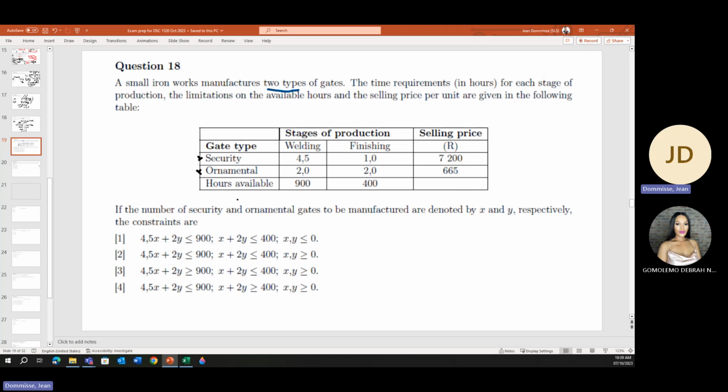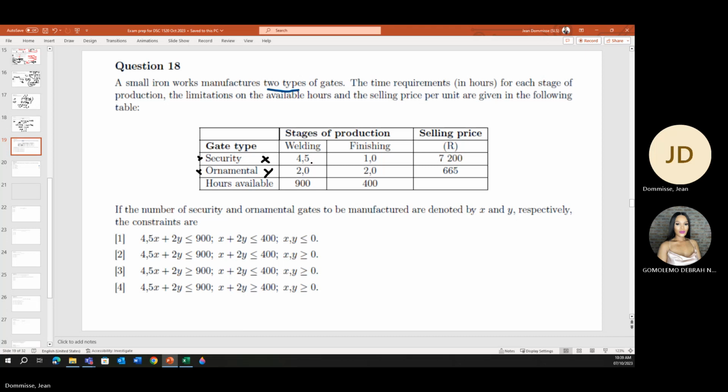Okay, so first, they tell us that security gates are denoted by X, the other one by Y.